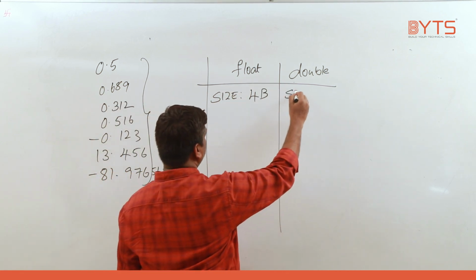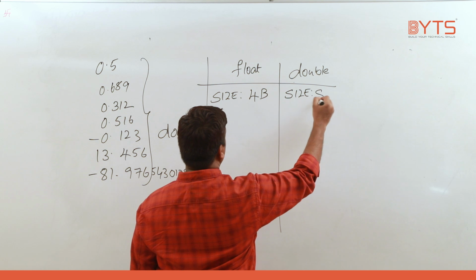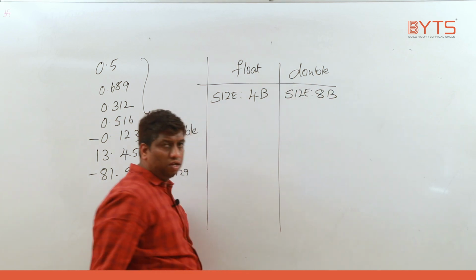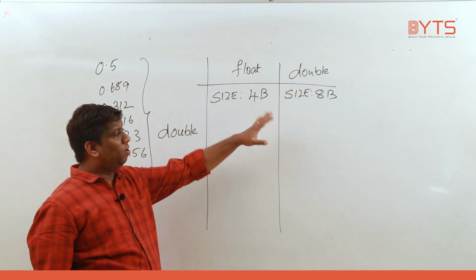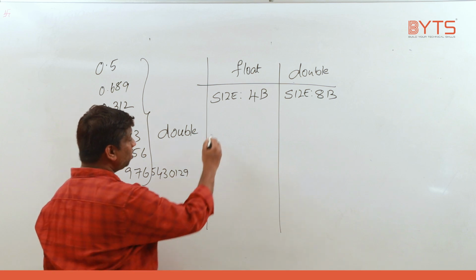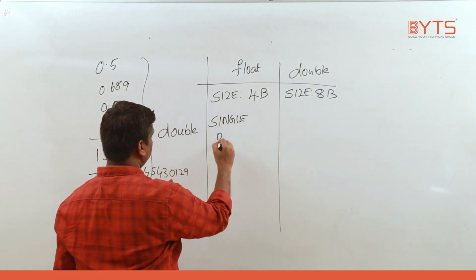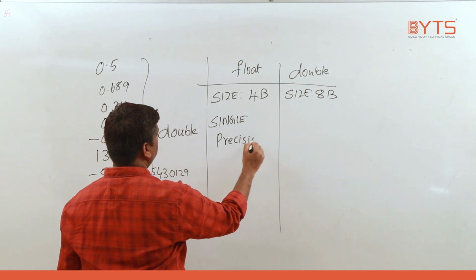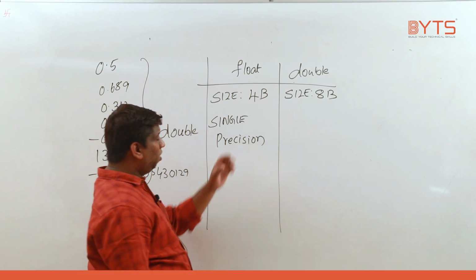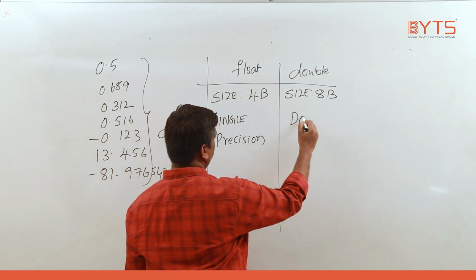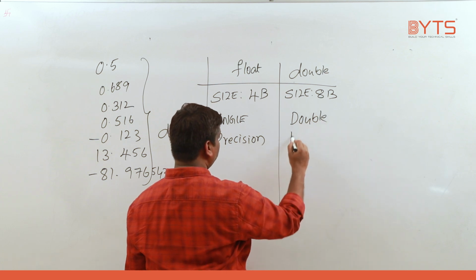The size of the double is 8 bytes. Size is 4 bytes, size is 8 bytes. Next, float is single precision. Double is double precision.